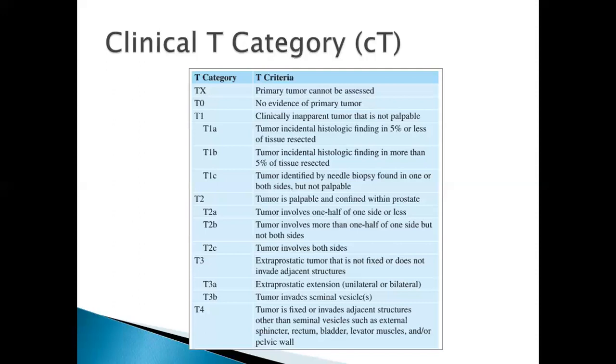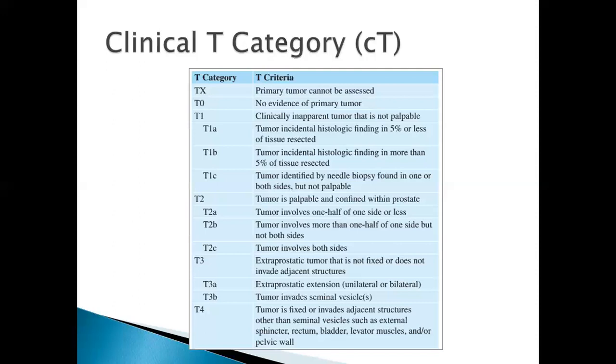Now, when you have a negative DRE and a prostate biopsy that has positive biopsies on both sides of the prostate, you do not, I repeat, do not assign T2C, okay? Because your DRE was negative, okay?